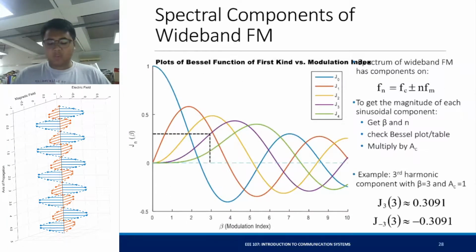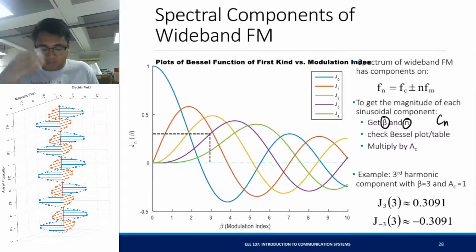Okay, so what is the Bessel function? To get C sub n based on the modulation index and of course the value n, we can use the Bessel plots or the Bessel table to get the different values of the Bessel function.